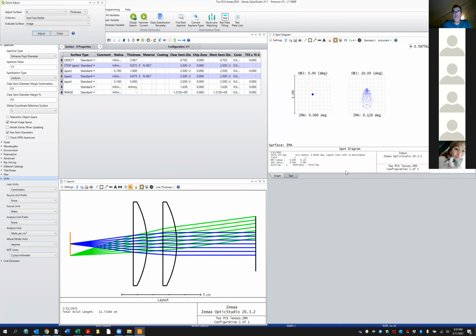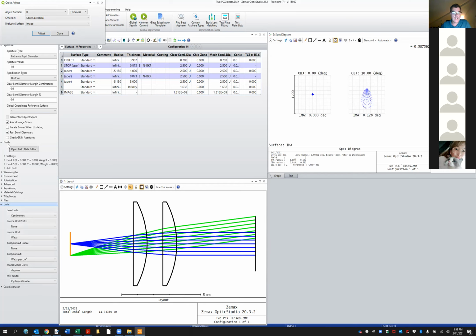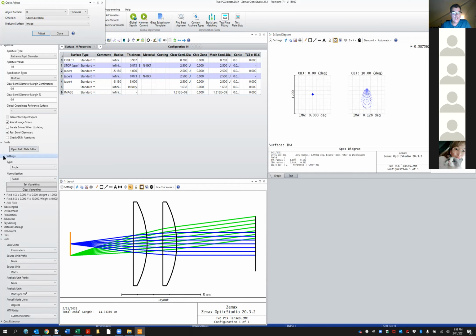Okay. Before, when the object was at infinity on the left and it was 10 degrees off axis, the image formed 0.944 off axis. Let's move our object so that it's 0.944 off axis.